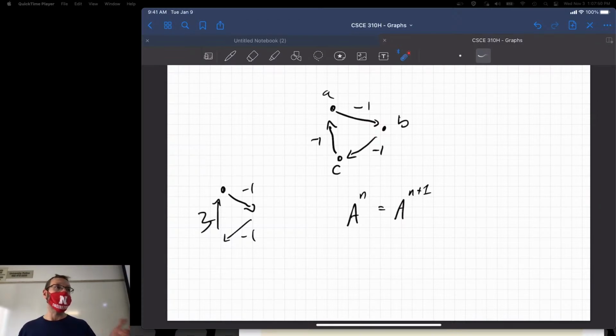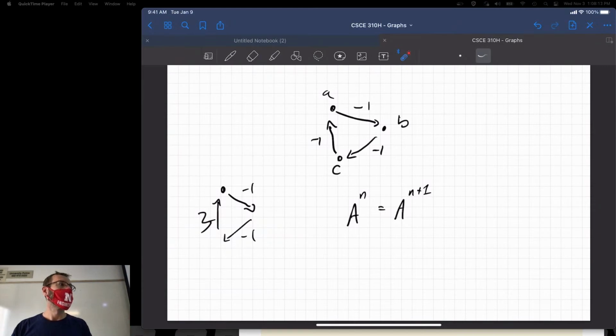It's kind of like a Markov chain, a probability transition matrix. You take a matrix power, matrix power, matrix power, and eventually if it converges and stabilizes, then you've got a stable Markov chain. But if it's going all over the place every time you do this, then it's unstable.